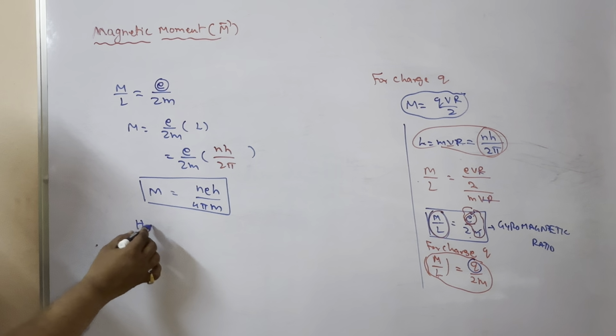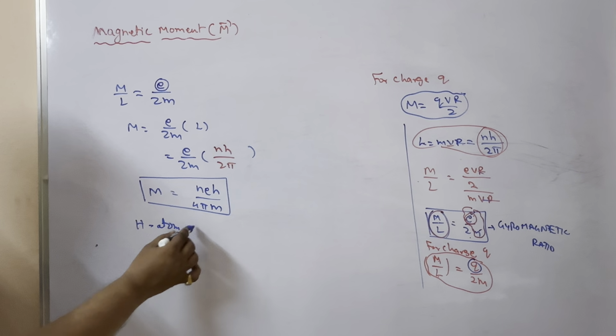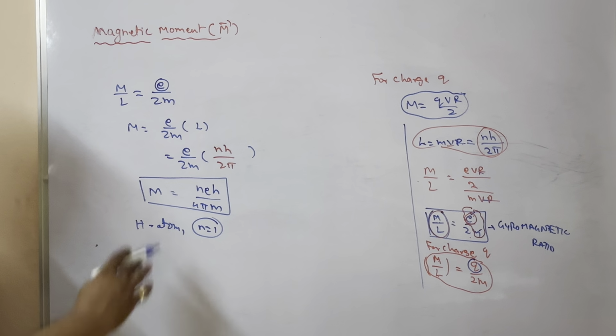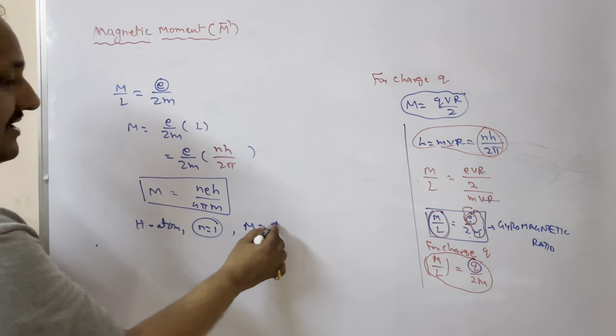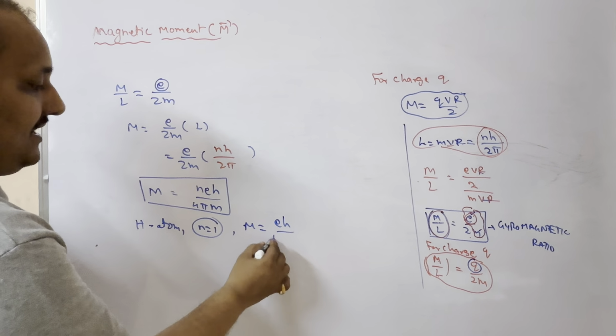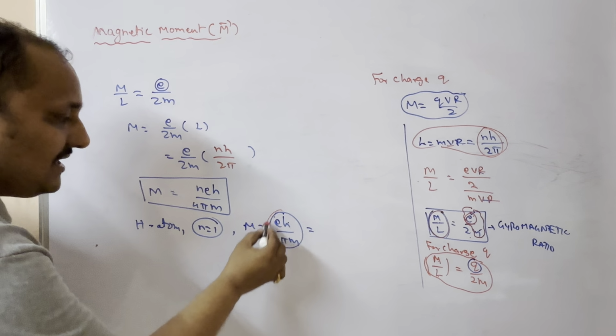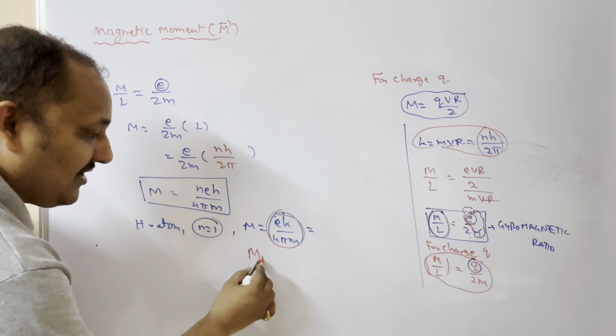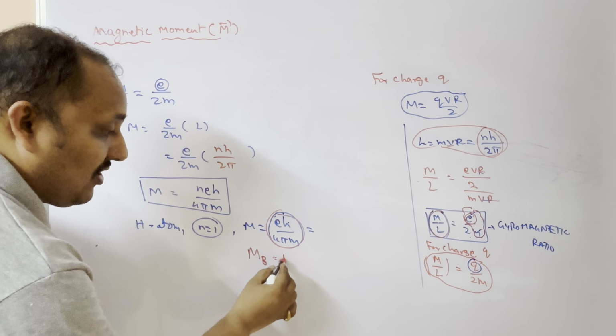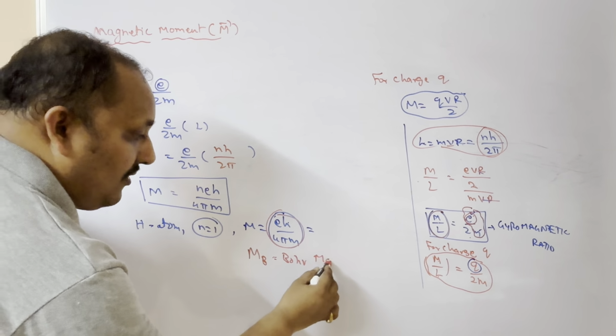So in the hydrogen atom, in the first orbit, if n equals 1, M is equal to eh by 4 pi m. If you substitute the charge of the electron, Planck's constant and the mass of the electron, you get the value 9.27 into 10 power minus 24 ampere meter square. You can calculate that value. This value we call the Bohr magneton. What is the Bohr magneton?